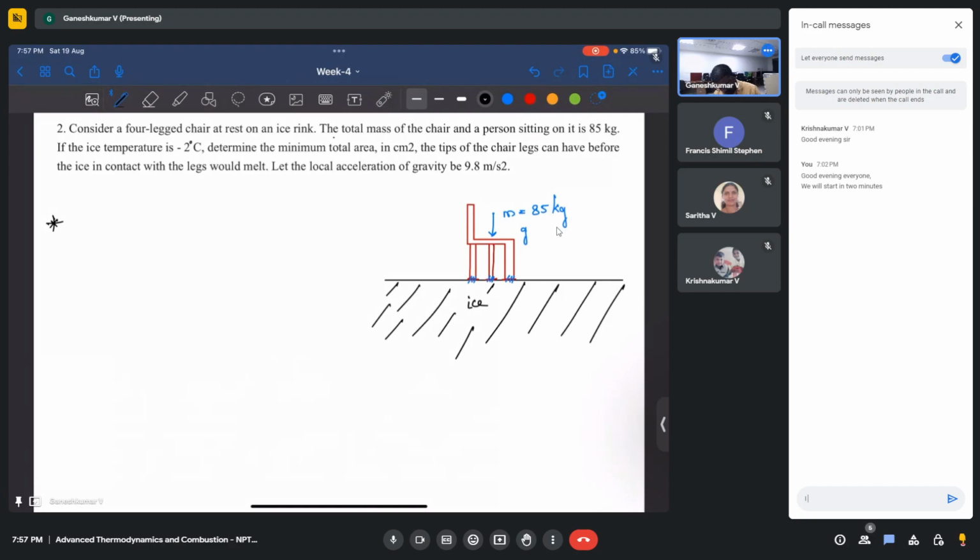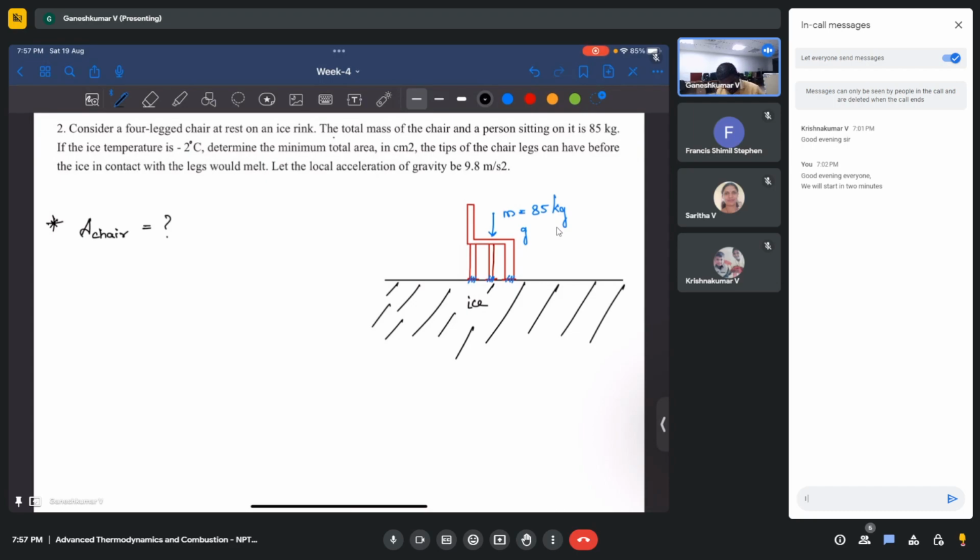What is the area of the chair, especially the legs that are in contact with ice? So what are they asking? For that we need certain saturation pressure and temperature data.